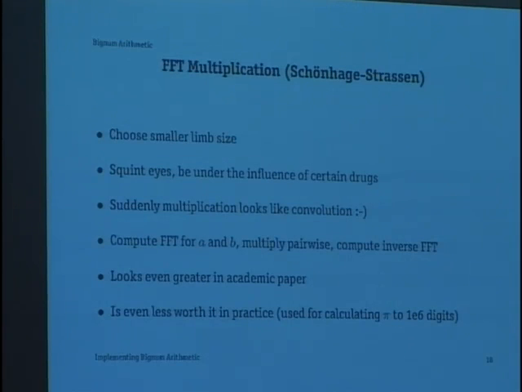Then you can multiply pairwise, which is wonderful because it's perfectly parallelizable. The issue, unfortunately, is that the FFT is costly too, and you have to do it 3 times: 1 for A, 1 for B, and 1 for the result. So it ends up being much slower unless you have like a million digits, and people use this method to calculate pi to great lengths. GMP actually implements this, so if you want to see code for this, well.